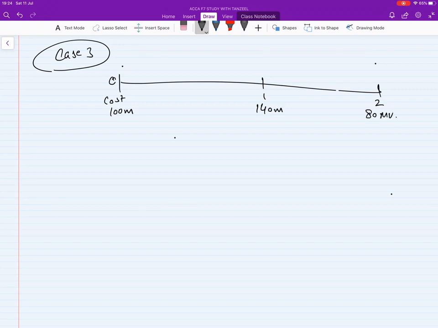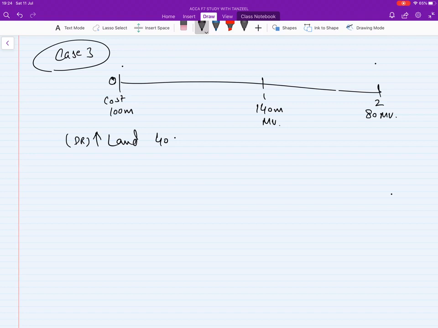Okay, let's discuss another example. Non-depreciating asset. The cost was 100 million, and at the end of year one you revalued it and came up with 140. It means you got a gain of 40 million. So you debit land because the asset is increasing, by 40 million.